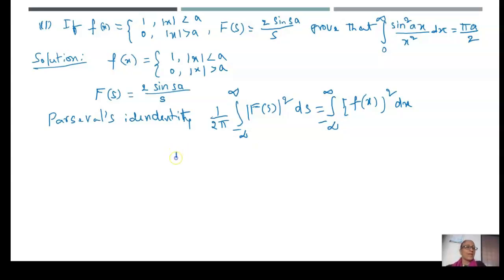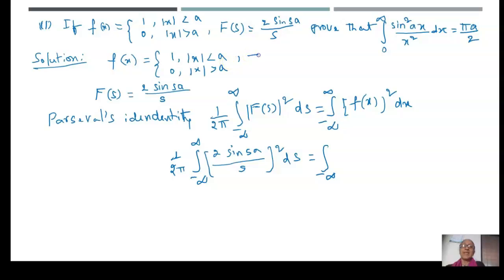So here 1 by 2 pi integral from minus infinity to infinity of 2 sin sa upon s whole square ds equals integral from minus infinity to infinity of f(x) square dx. If you observe the function, f(x) equals 1 for mod x less than a, that means minus a less than x less than a, and this function is 0 for minus infinity less than x less than minus a, and a less than x less than infinity.